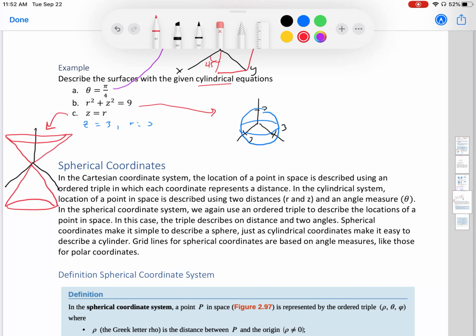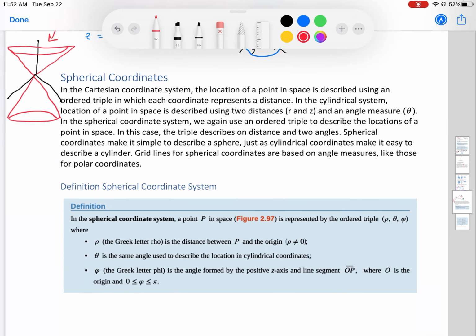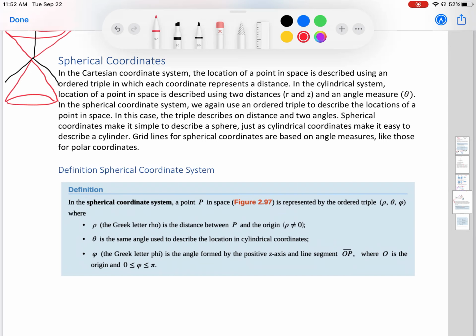All right, so that's it for cylindrical. Let's move forward to spherical. Spherical coordinates. In the Cartesian coordinate system, the location of a point in space is described using an ordered triple in which each coordinate represents a distance. In the cylindrical system, location of a point in space is described using two distances, r and z, and the measured theta.